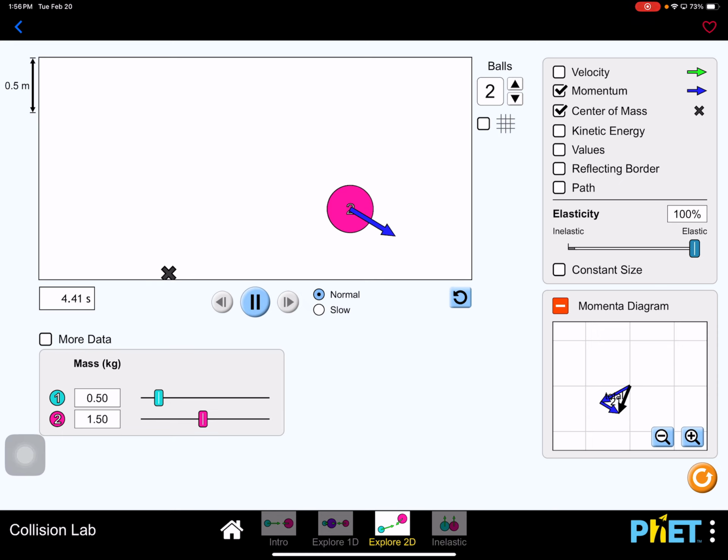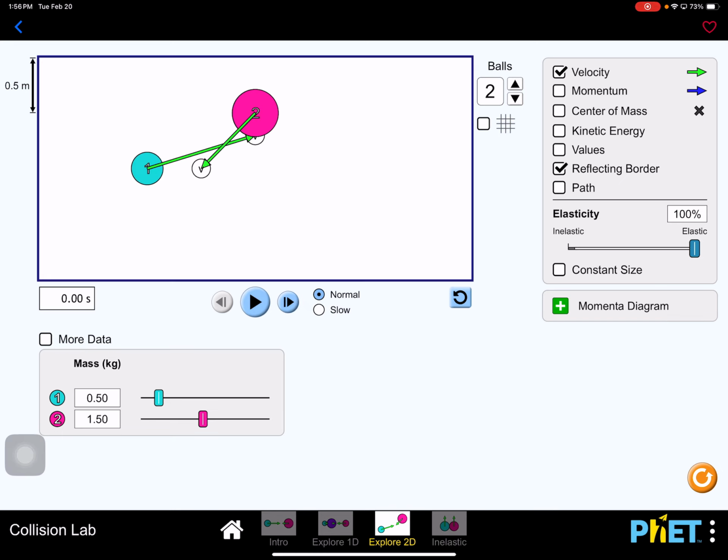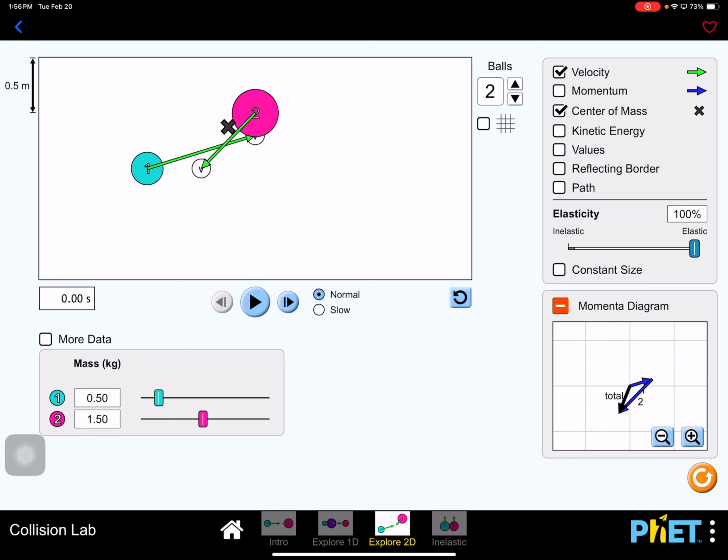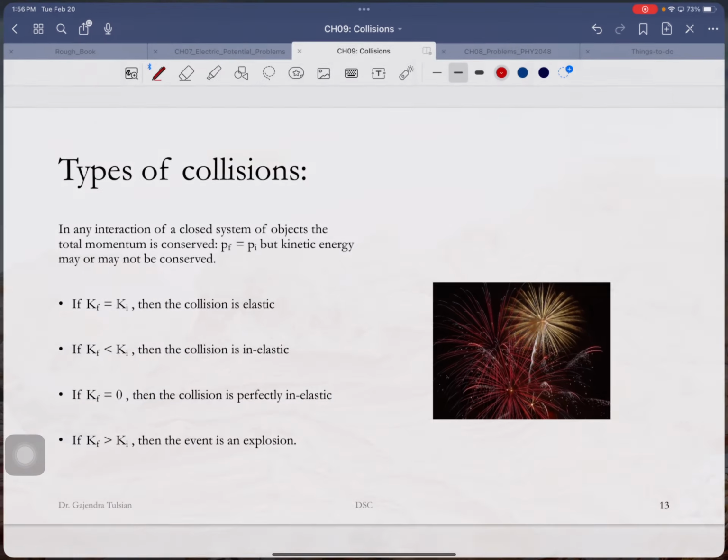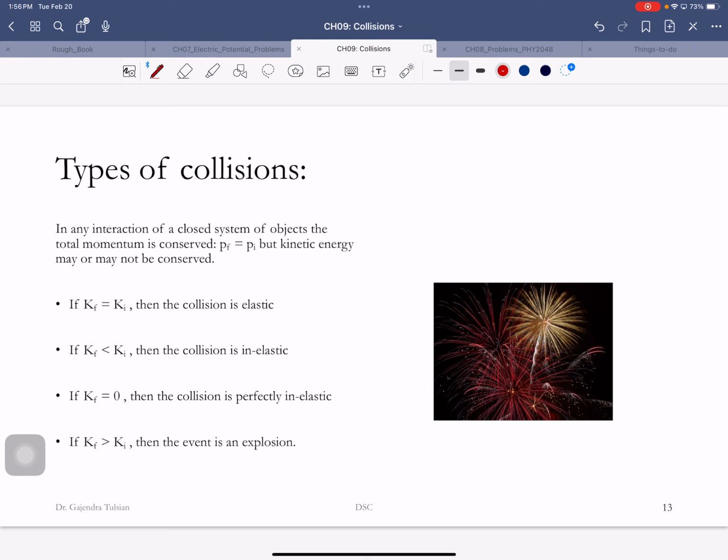And it's kind of hard to see, but the center of mass moves at a constant velocity. So here's another thing you can say. The center of mass velocity is constant in these collisions, as long as no external forces act. Okay. So we'll look at types of collisions.